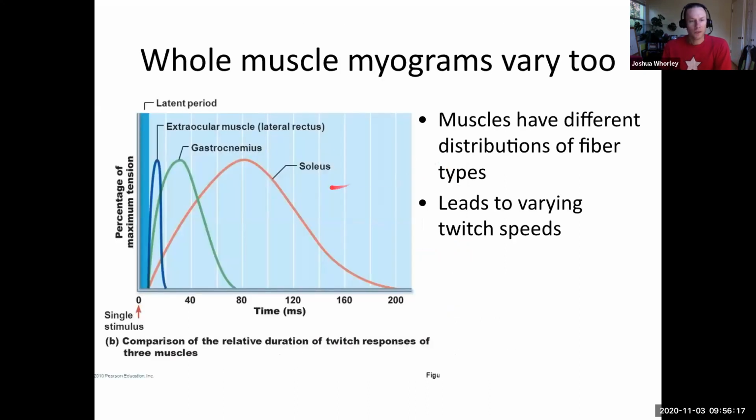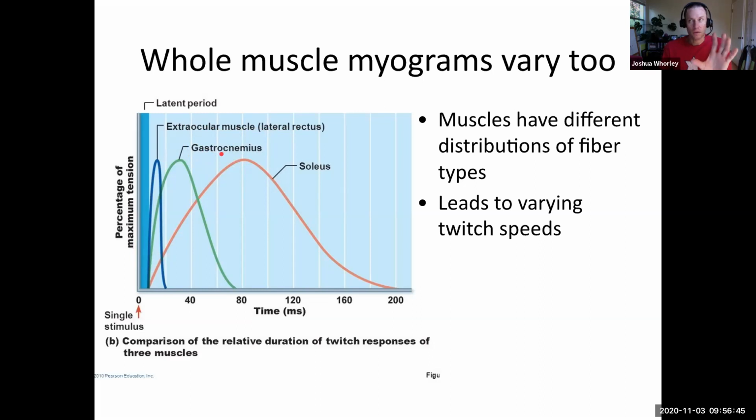Now this is showing you myograms, I take that back, myograms of whole muscles. But you could imagine, and we talked about this, you could do a myogram for a single muscle fiber too. But this is looking at whole muscles. Hopefully you can see this extraocular muscle of the eye, the gastrocnemius.